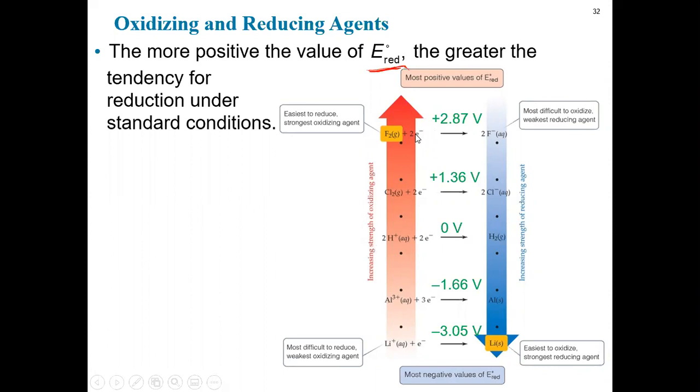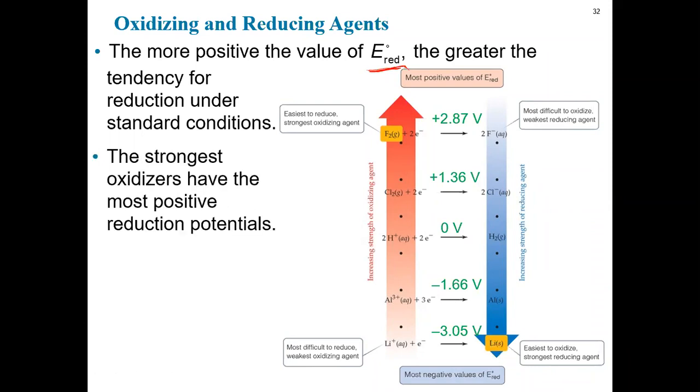That means they grab electrons very strongly. Then on the right side, the strength of reducing agent increases from top to bottom. Those species at the bottom of the right side of the equation, usually some solid metals, are very good reducing agents because they can donate electrons very easily.